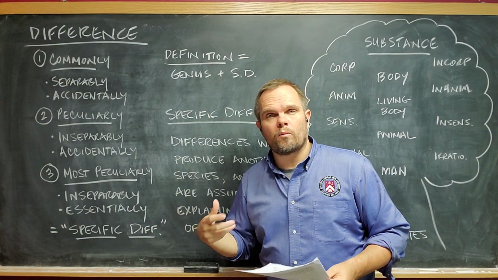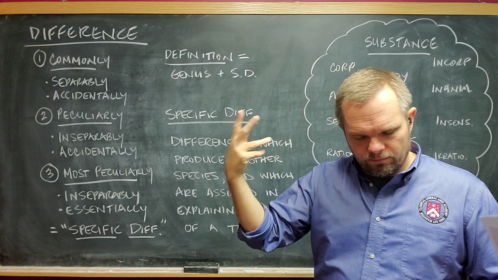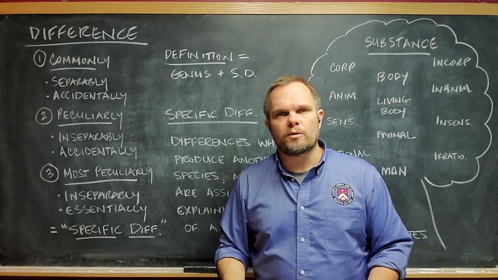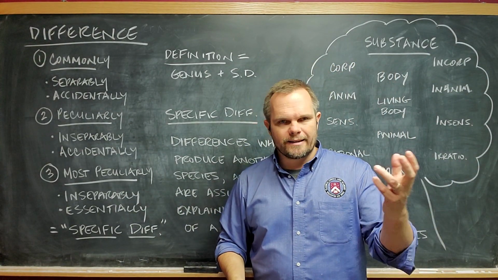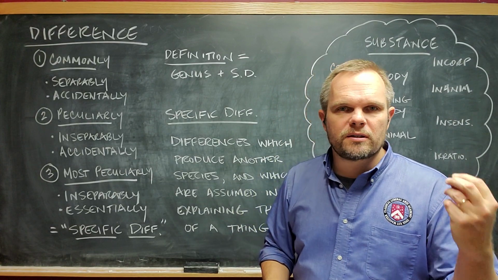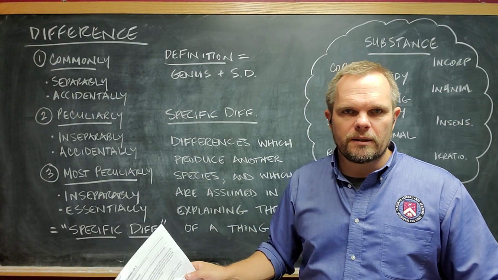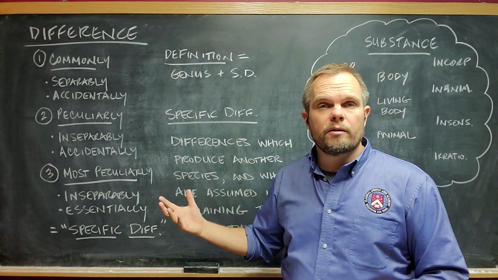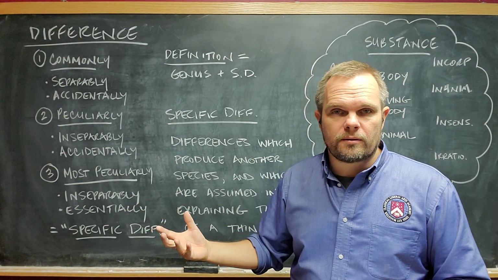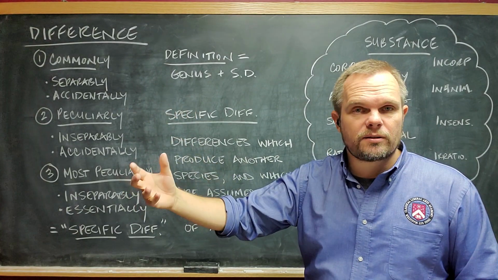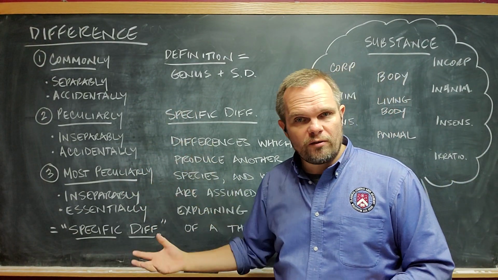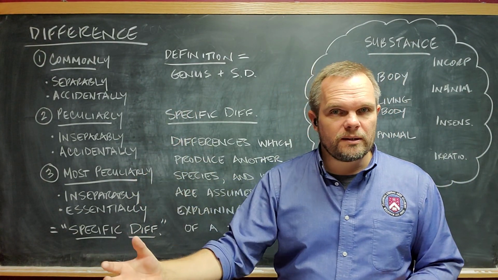Now, when we hear the word specific, in modern language, we use specific to mean exact. Like, tell me the specific time that it happened. That's not what specific means here. Specific here is referring to species. Remember, we've learned genus and species. Specific has to do with species.